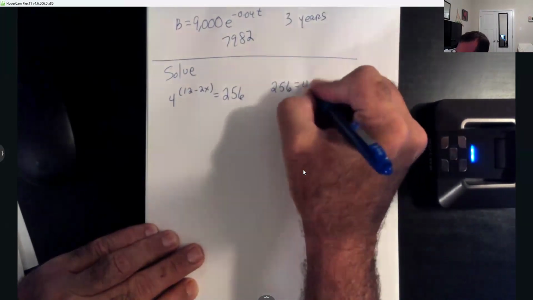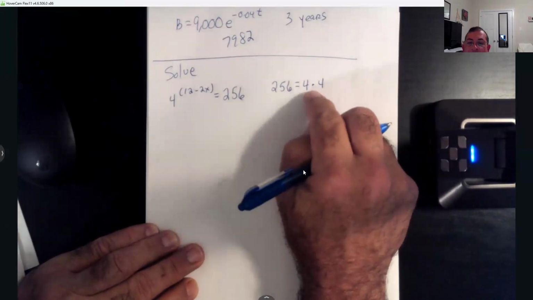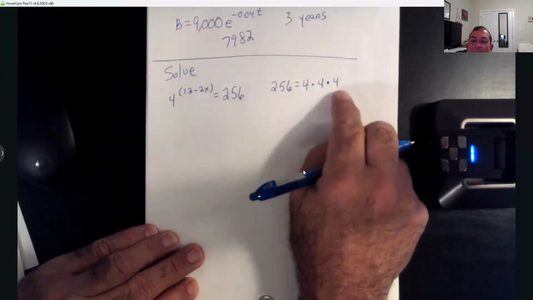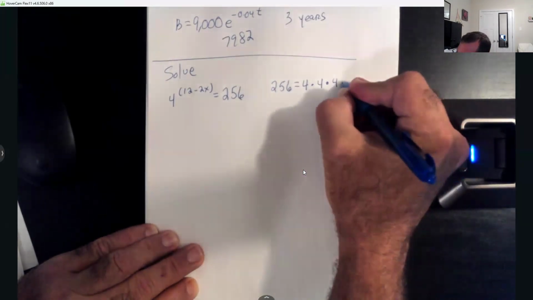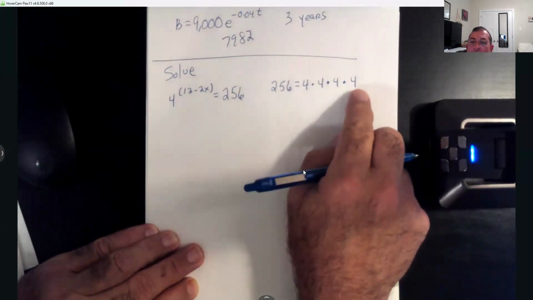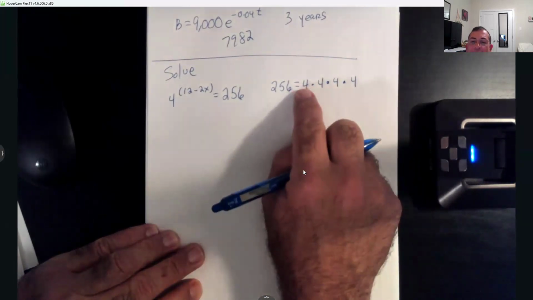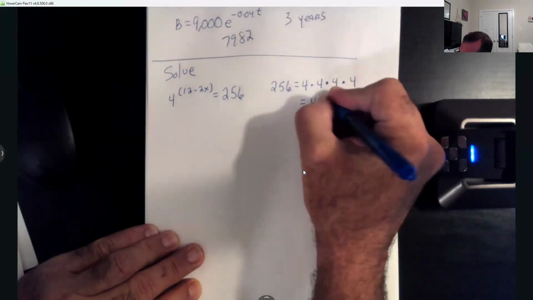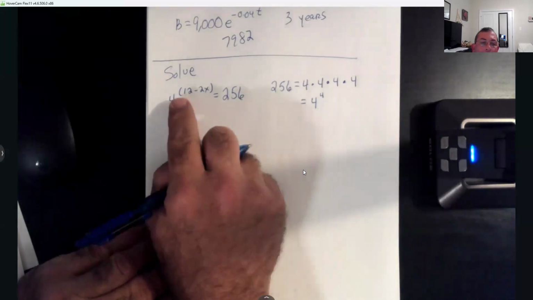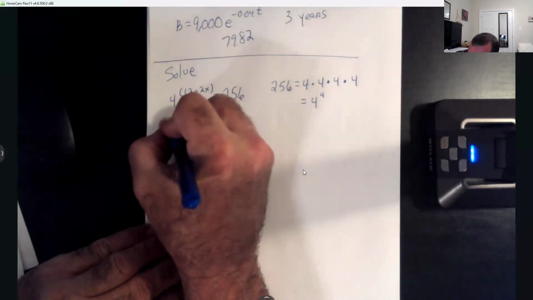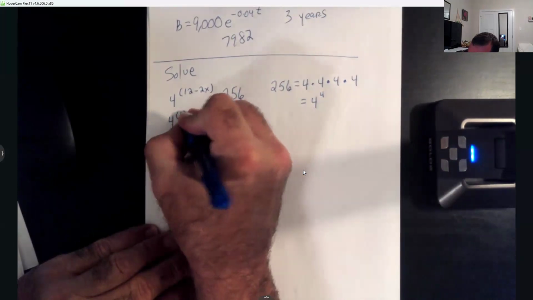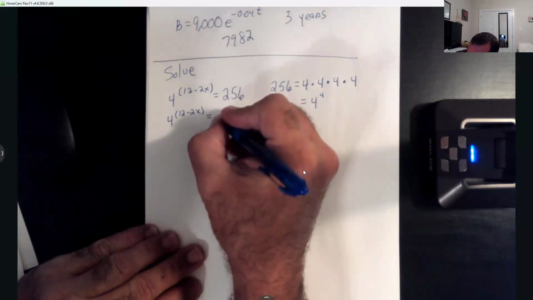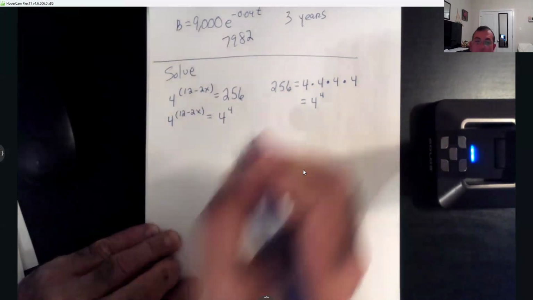So let's see, 4 times 4 is 16, times 4 is 64, times 4 is 256. So since it takes 4 fours, I'm going to rewrite this as 4 to the 4th power. So y'all, the left side, 4 to the 12 minus 2x equals this side, which is now 4 to the 4th power.